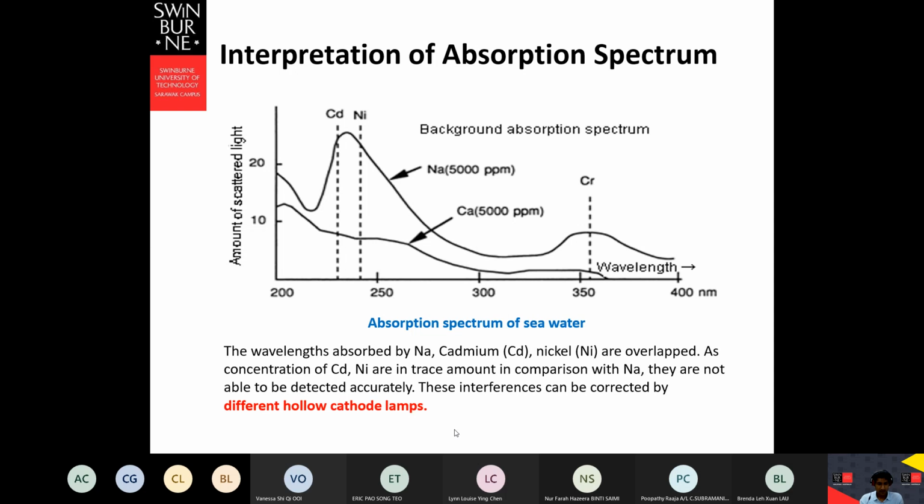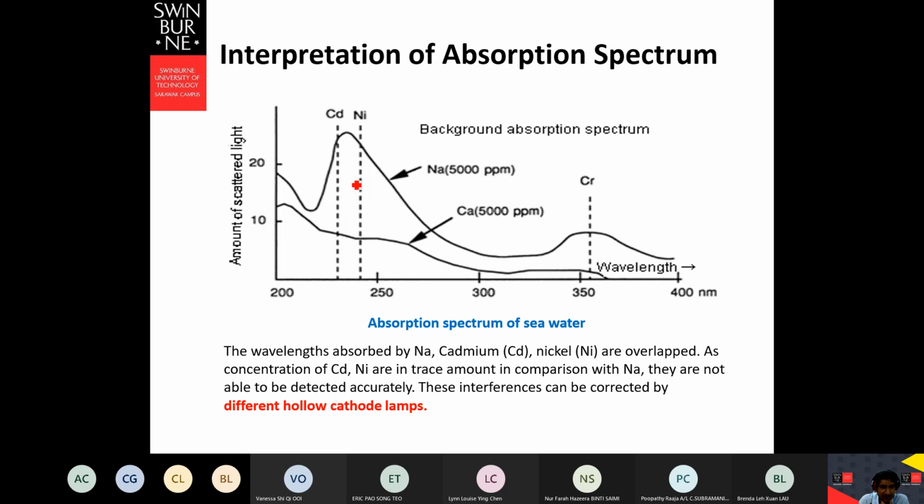Now, coming back to AAS, atomic absorption spectroscopy. If we interpret the absorption spectrum of seawater, in seawater there are so many different elements or substances dissolved. If we do some testing using the seawater on the AAS, we see that there are different wavelengths.